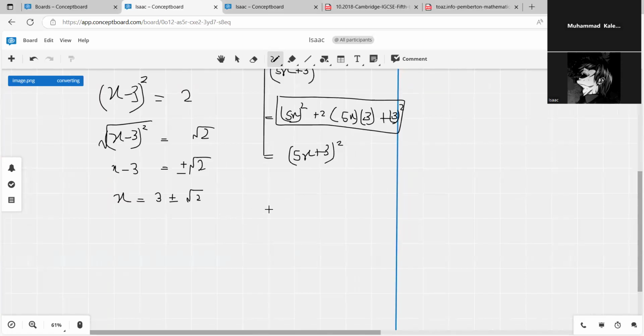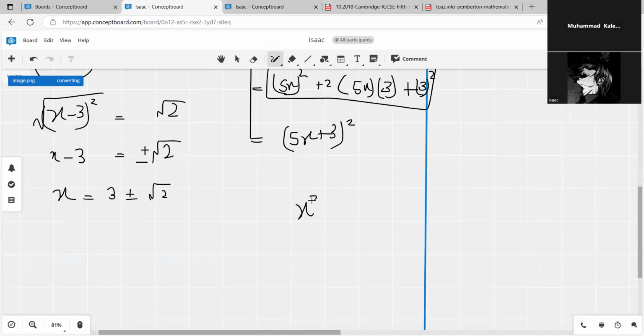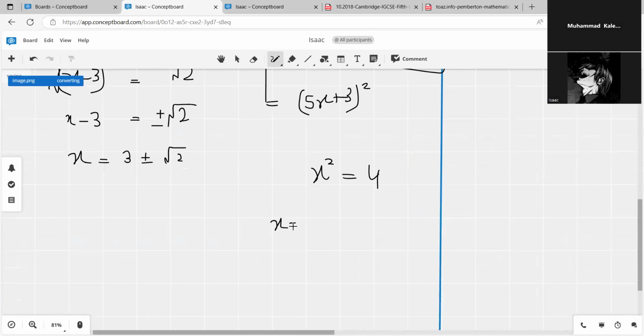Because we have two possibilities. If I say that x square is equal to 4, for x we have two values. Which two values? Maybe x is minus 2 or maybe x is plus 2. Both will give you the same answer. If I put x as minus 2, minus will be turned into positive, it will be 4.